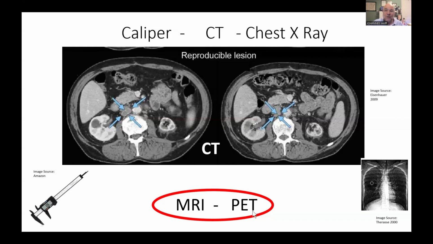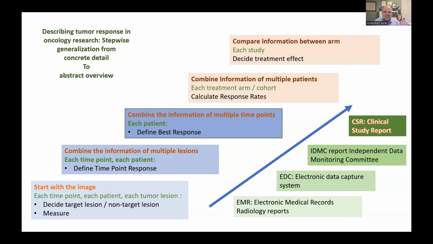But in PET, it will be cold. That's why these functional images are more and more used, at least as addition to the more anatomical images of CT and MRI.